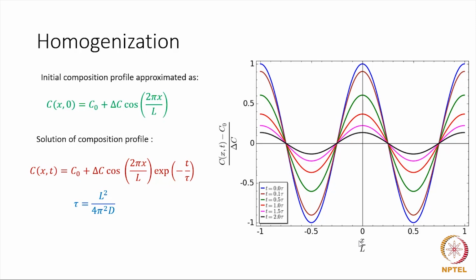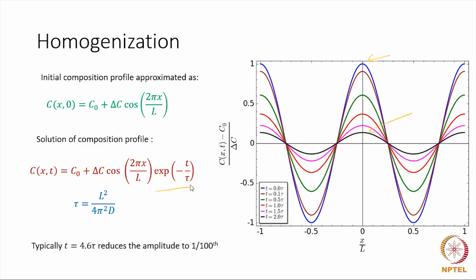So it has come a long way from this value to this value because of the decay in this term. And that is the homogenization process acting, and through this we can now estimate the time taken, because the time scale is now well defined for us.